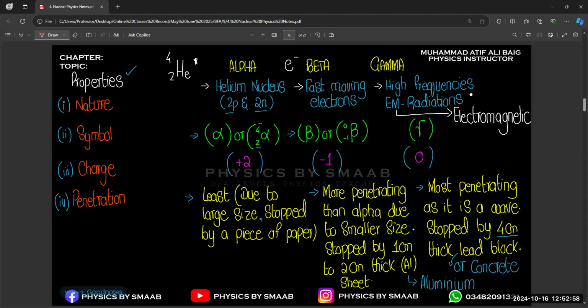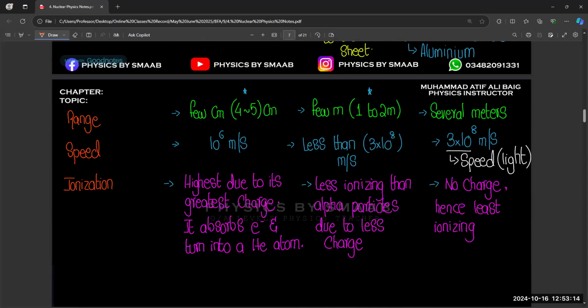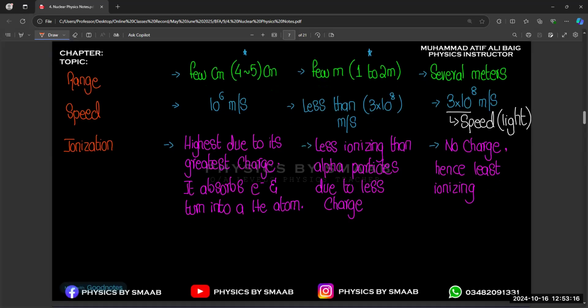We cannot see those Wi-Fi signals, but they can still pass through different objects. Gamma rays are also like wireless signals, so they can easily pass through and damage and affect our bodies.